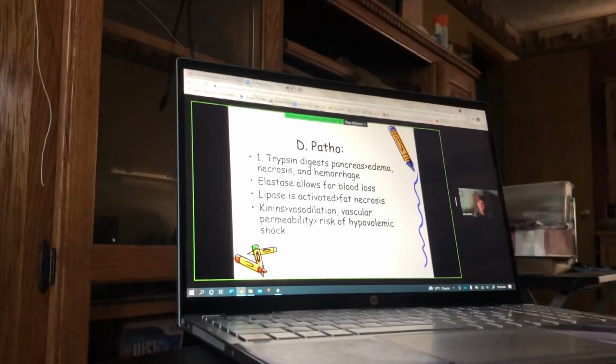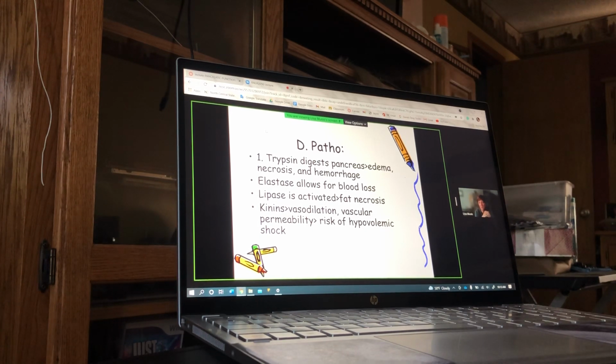All right, pathophysiology then. I have it written out for you, and then I just made a slide telling you the same thing. Trypsin does digest the pancreas. It doesn't know enough not to start chewing on the pancreas, because normally those enzymes would be out into the small bowel and they would be digesting food particles.